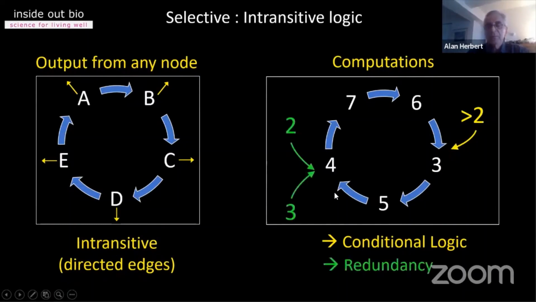We can also build redundancy into the system. If we want 4 to go to 7, we can either have 2 or 3 add together to give 9, allowing us to do that, or else we can just input a number greater than 4 into the system to get that step made.